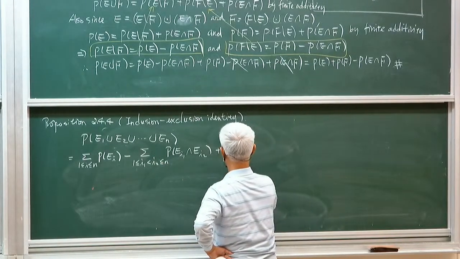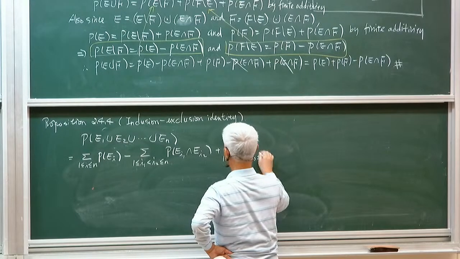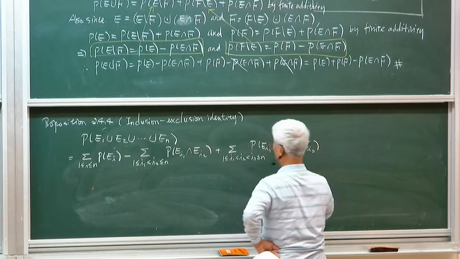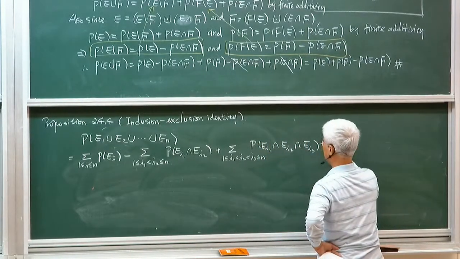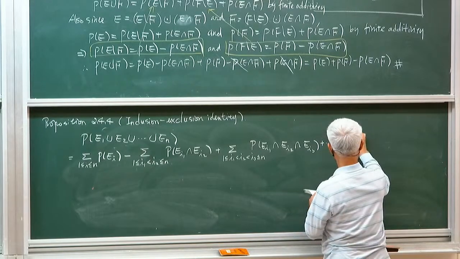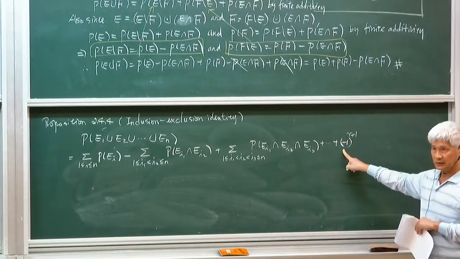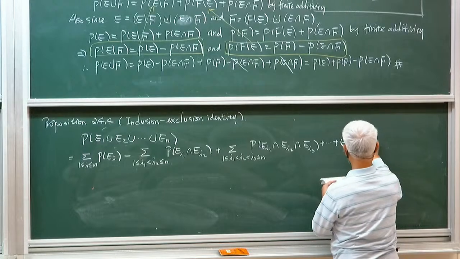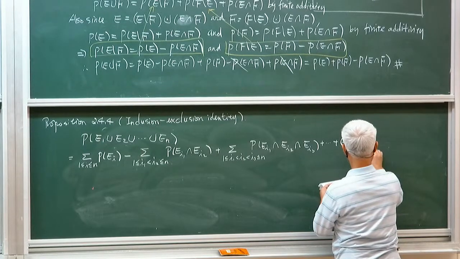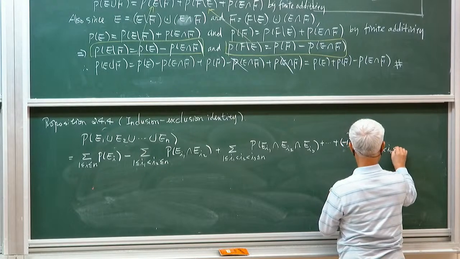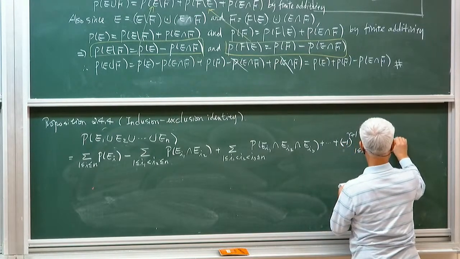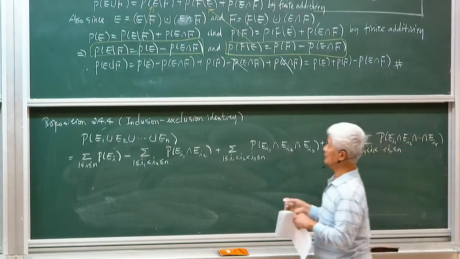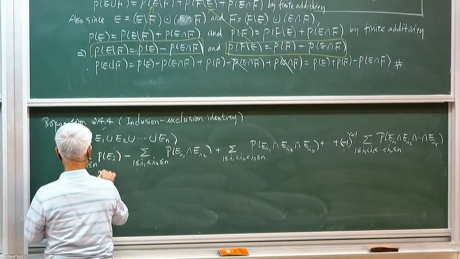Okay, so in general, you have to add or subtract the intersection of all n events, and the final one would have sign n plus 1.